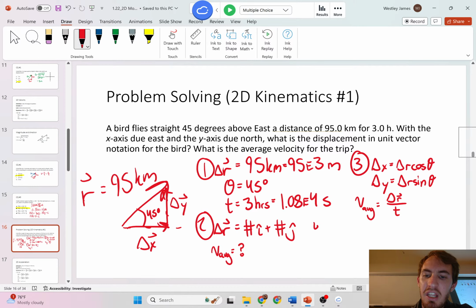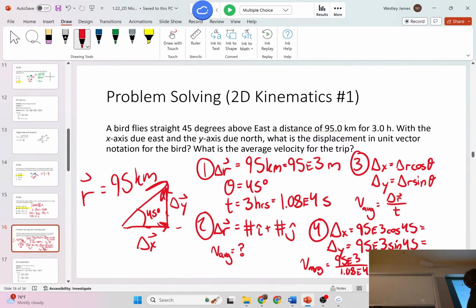It's nice to get all your stuff set up, because then you can just start calculating. 95 E3 times cosine of 45, and then 95 E3 times sine of 45, and I'm just plugging them all in.